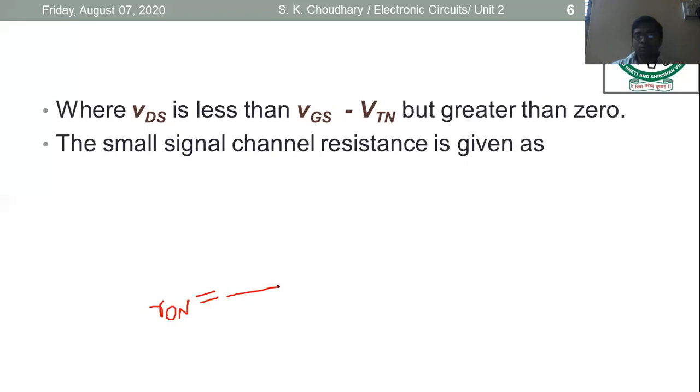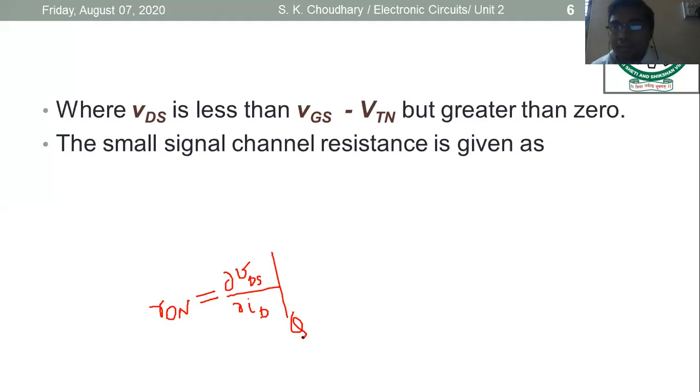Follow Ohm's law. What is the formula of resistance? Voltage upon current. So here, small signal channel resistance is del of VDS upon del of ID. ID we have already defined, keeping the DC parameters constant, or the Q point constant.